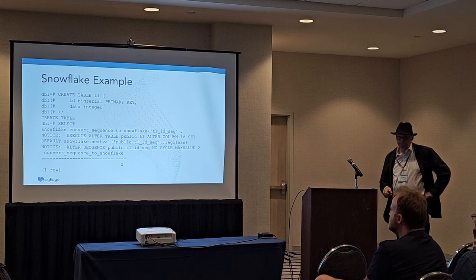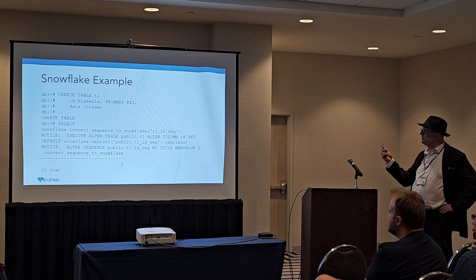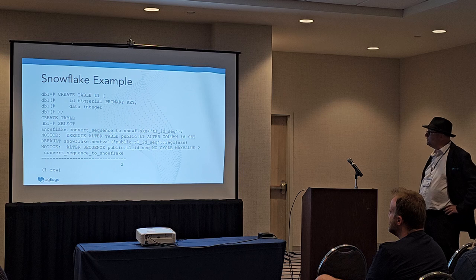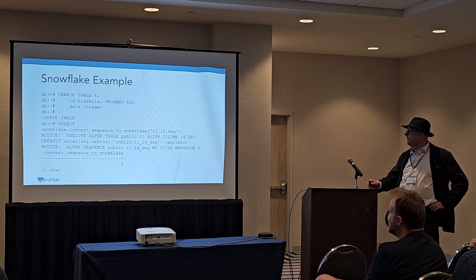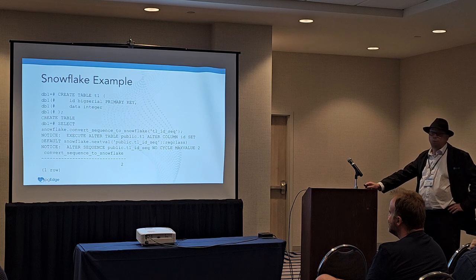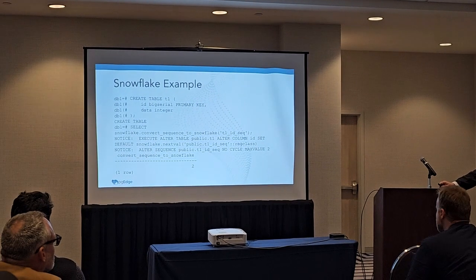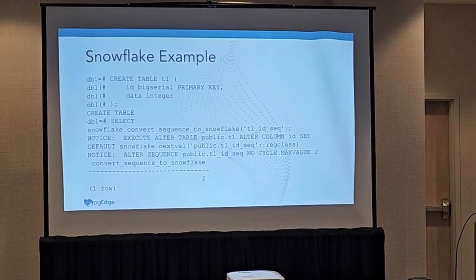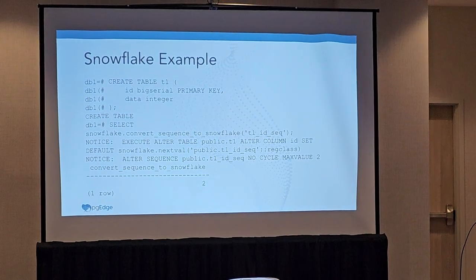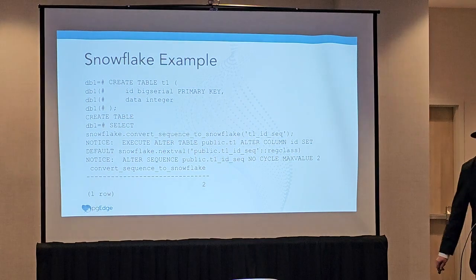As an example, I created a table with a serial column. I then call the convenience function, convert sequence to Snowflake. It tells me what it actually executes. The SQL is starting here. And it returns how many SQL statements it actually had to execute to convert this.